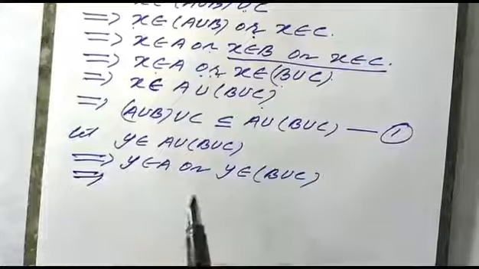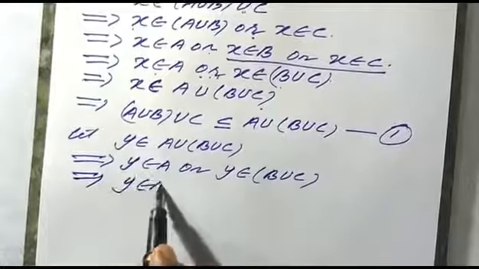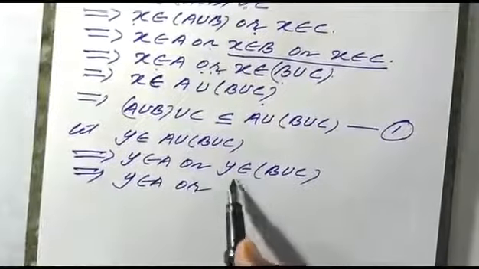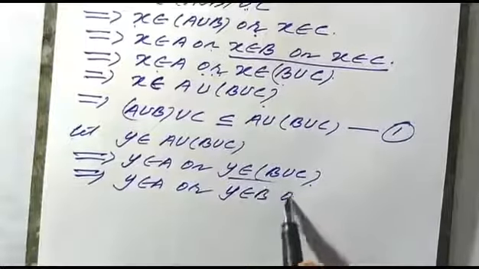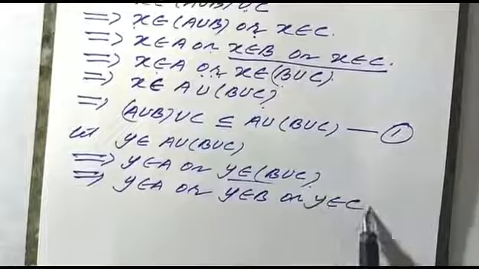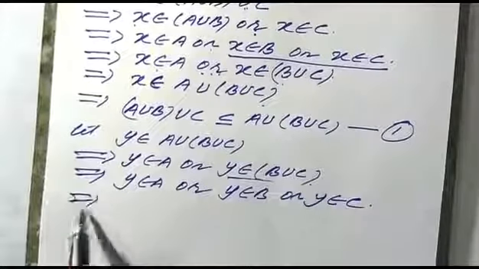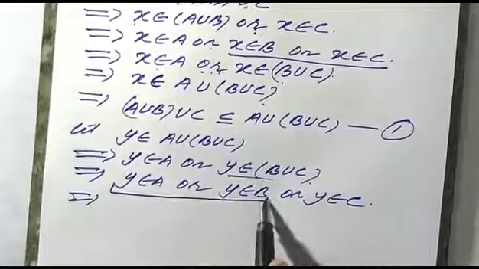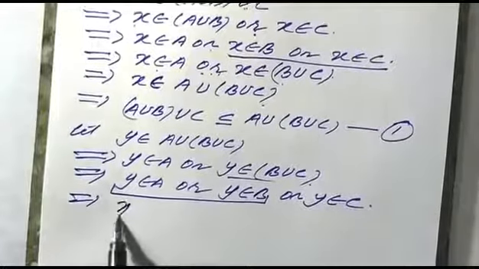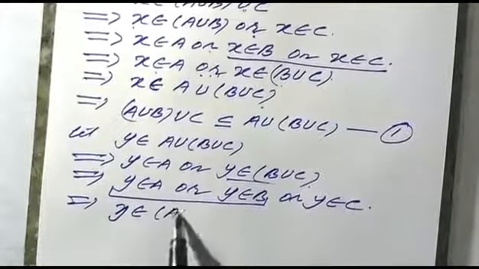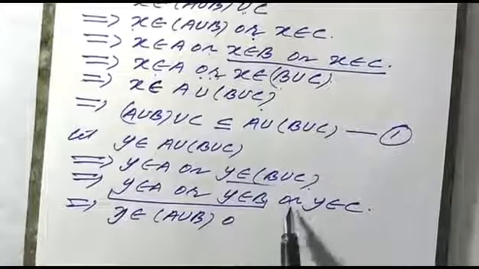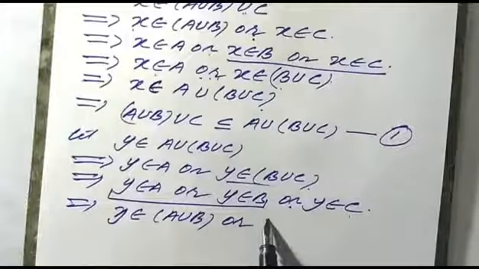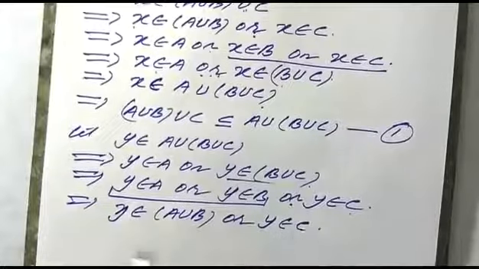It implies that Y belongs to A or as it is, and now expand this statement as Y belongs to B or Y belongs to C. Now in the next step we may combine these two statements as Y belongs to A union B, or as it is, and Y belongs to C as it is.